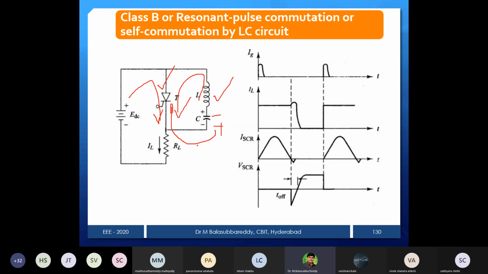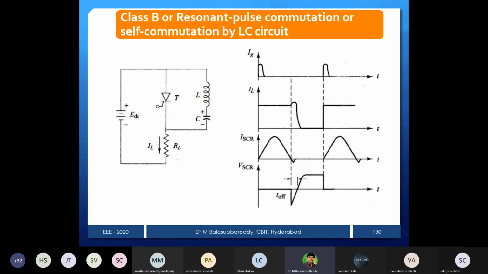Then when the capacitor current increases beyond the load current, the net current passing through will be 0, and therefore the thyristor current will be 0. Now the SCR voltage will be negative while it is turned off, and once it is completely turned off, it will become the source voltage. So that is the procedure.